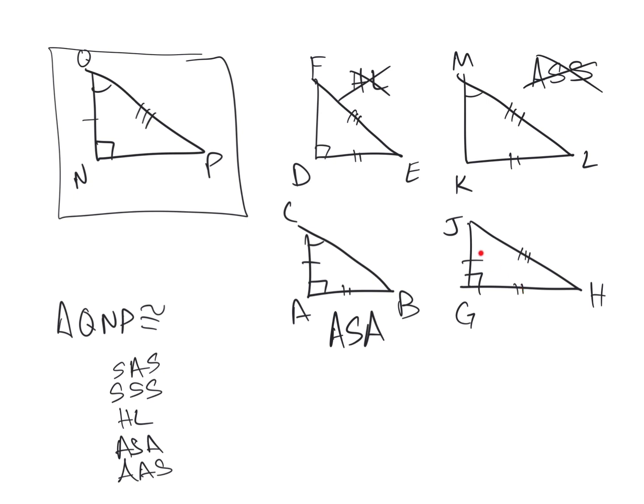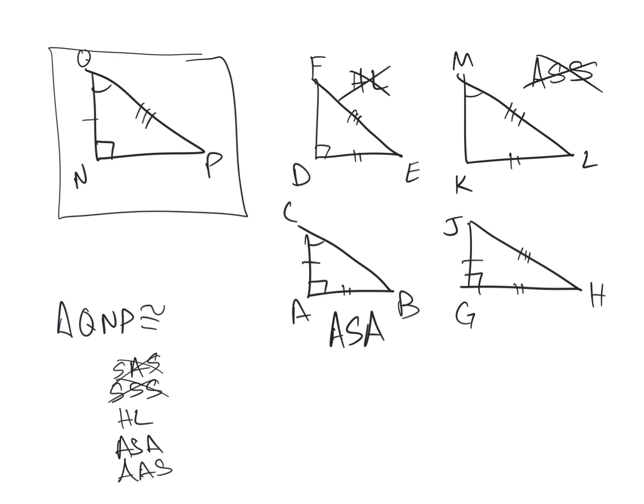So here we have side, angle, side. The 90 degree is still an angle, so you can use that as your angle. Does this match with what you have over here, except you don't have NP? So you can't use side, angle, side. You have all three sides here, but you don't have all three sides in the parent function. So that doesn't work.